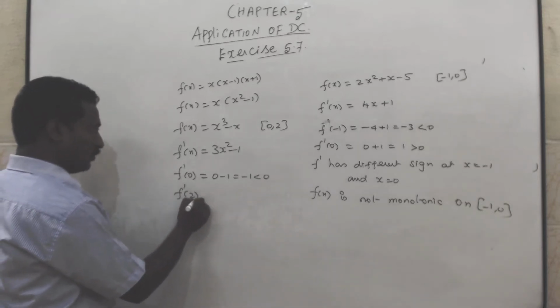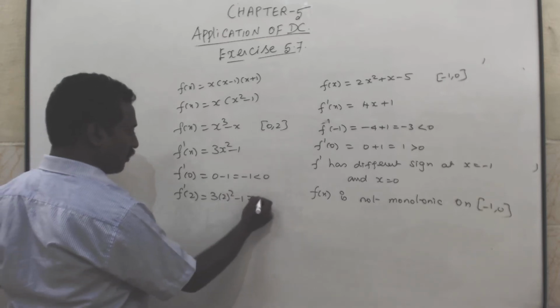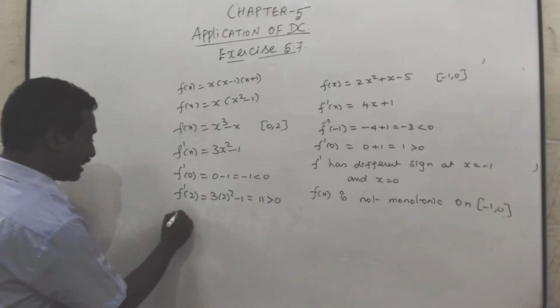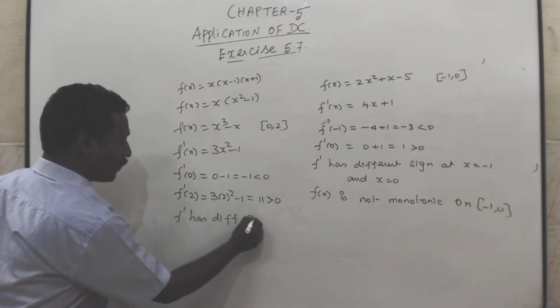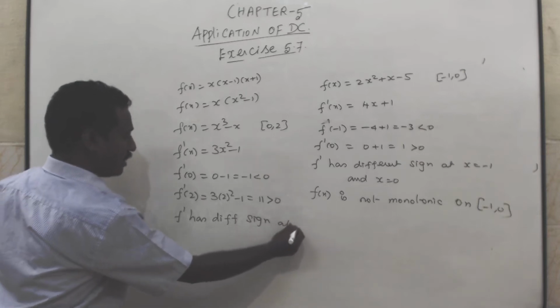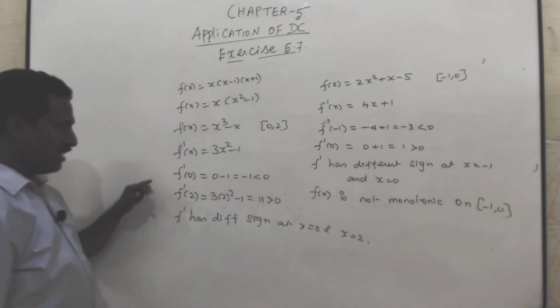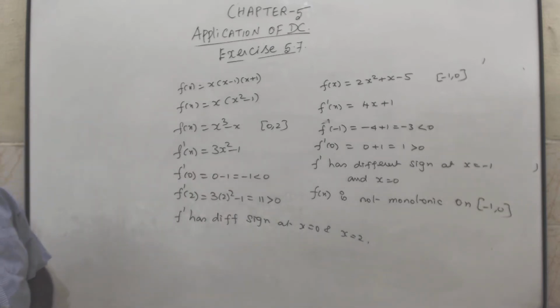F dash of 2 is 3 into 2 square minus 1, that is 12 minus 1, 11, greater than 0. So f dash has different signs at x is equal to 0 and x is equal to 2. In the interval, one is decreasing, another one is increasing.